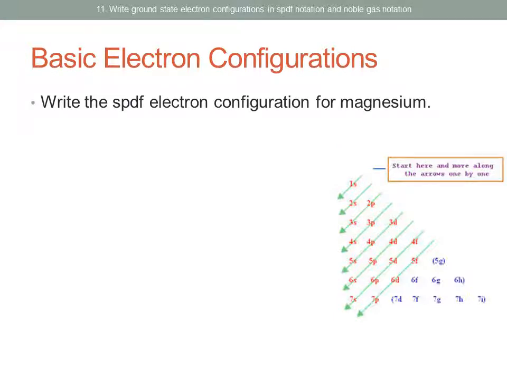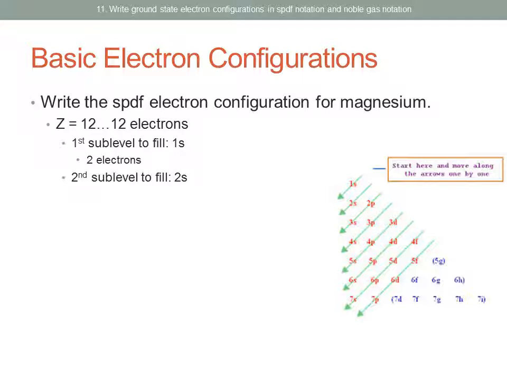Now we're asked to write the spdf electron configuration for magnesium. Magnesium has 12 electrons, so when all is said and done, we'll end up with 12 electrons in our configuration. Again, we're simply going to follow our northeast to southwest rule here. So the first sublevel to fill, that's the 1s, and as we know, we can put 2 electrons in an s sublevel.